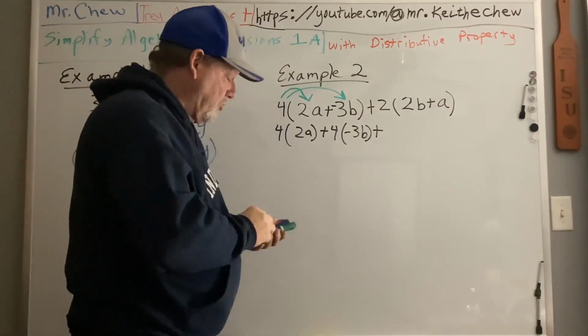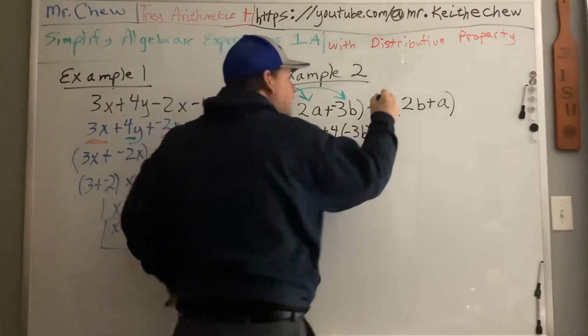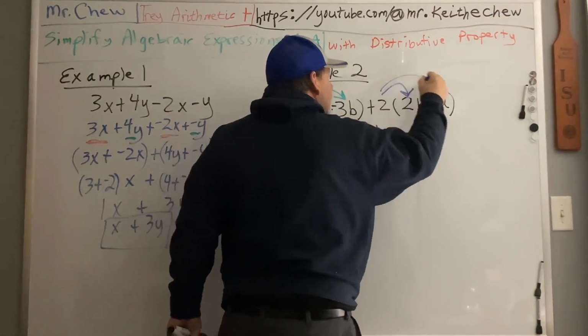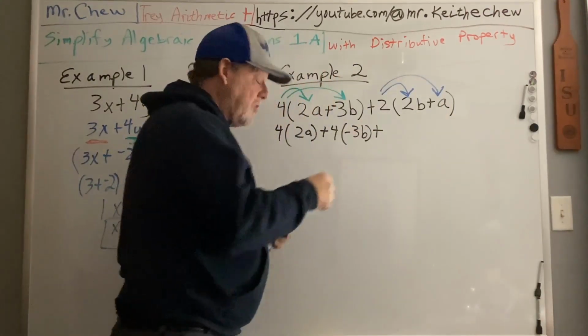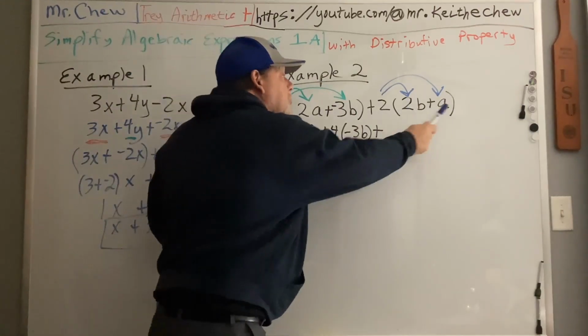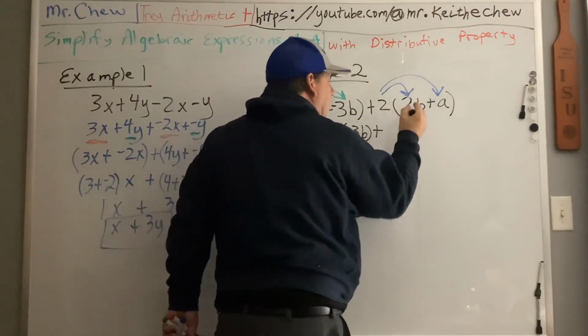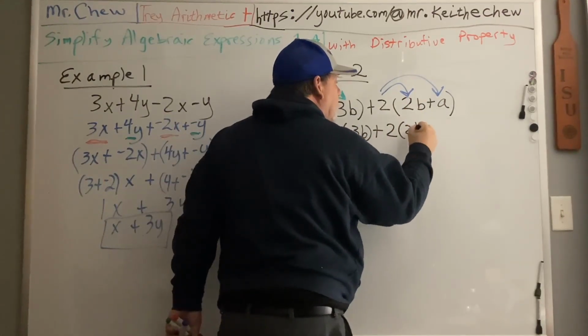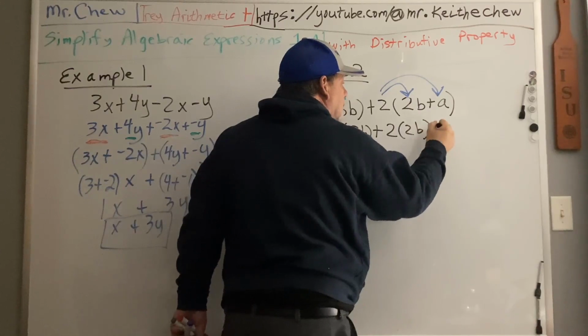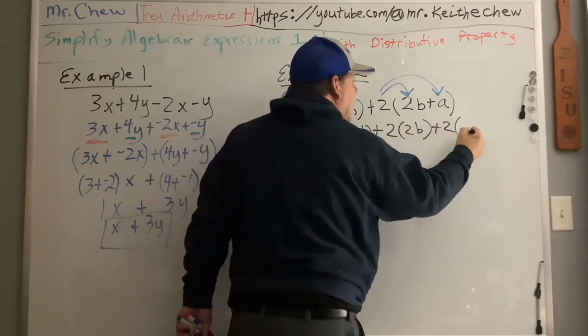Now we're going to distribute on the right. I have to distribute that 2 by multiplication over the 2b and the plus a. So that's 2 times 2b plus 2 times a.